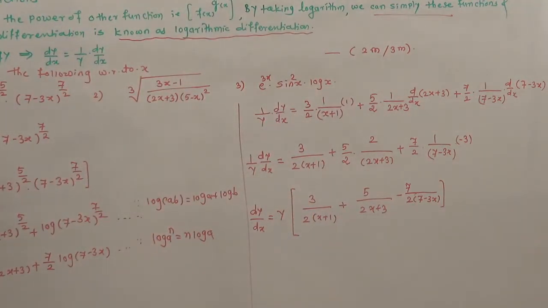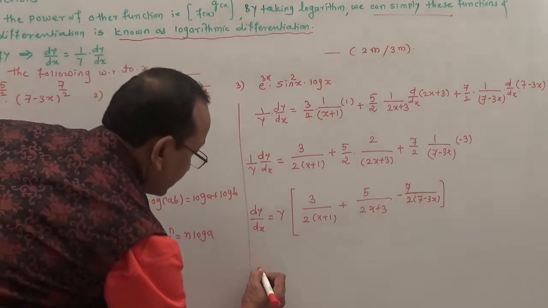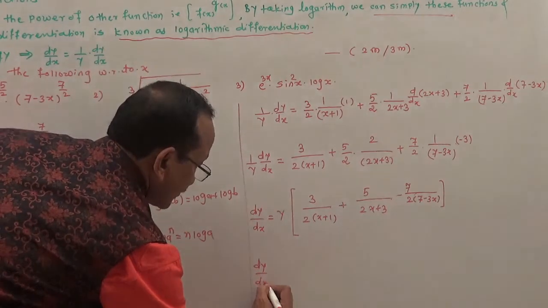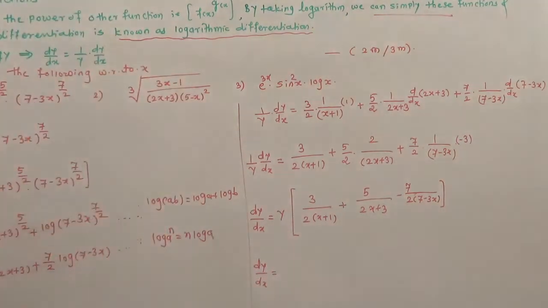Y is this one here. So dy by dx is equal to, what is y?